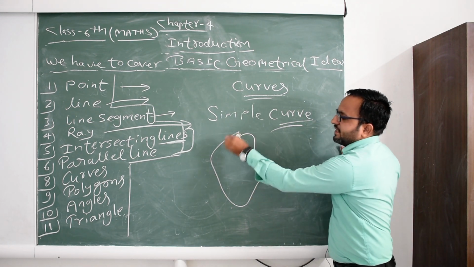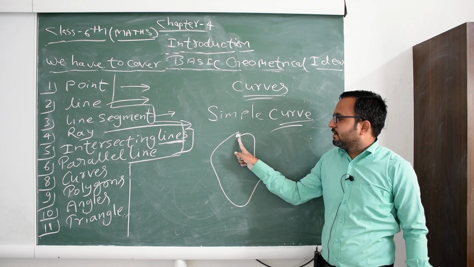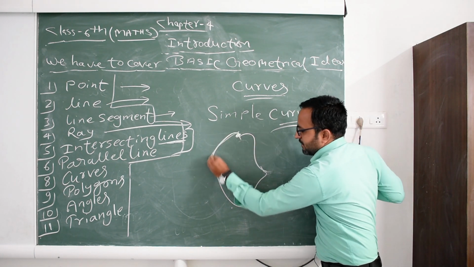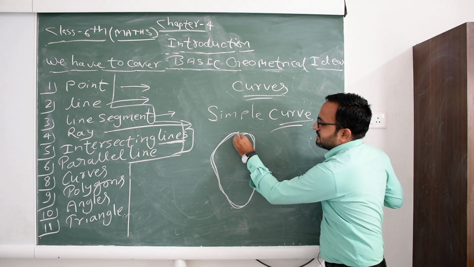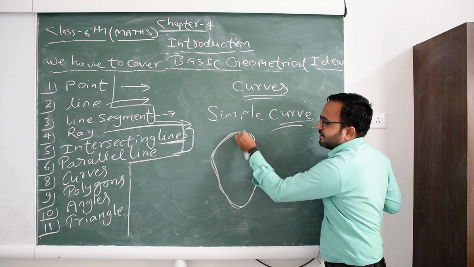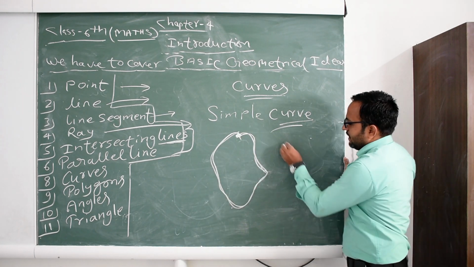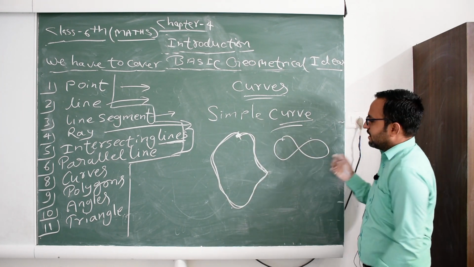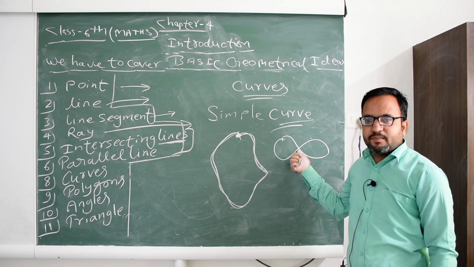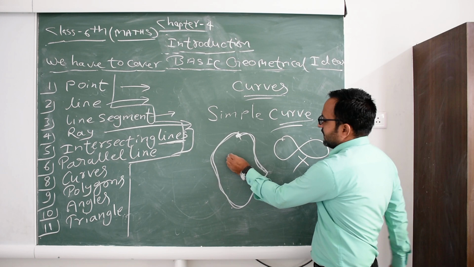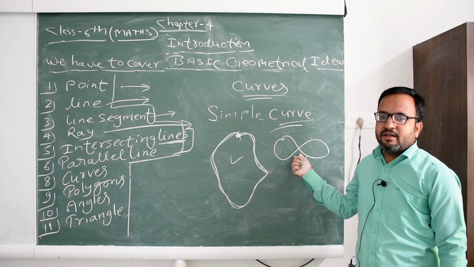If the start point and end point meet at a single common point, this is the start point and this is the end point, meeting at one point, so this is called a simple curve. If your curve intersects at one point, it is not a simple curve.